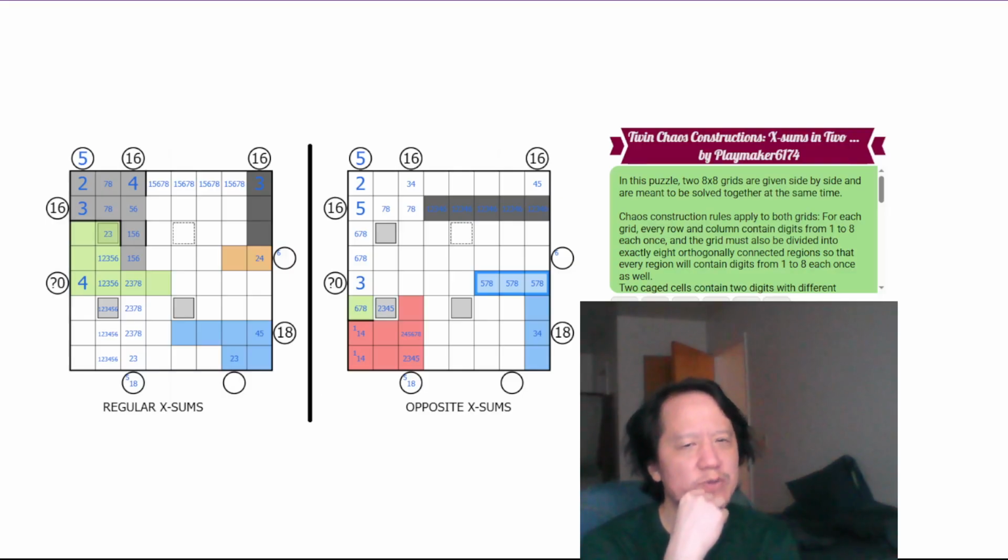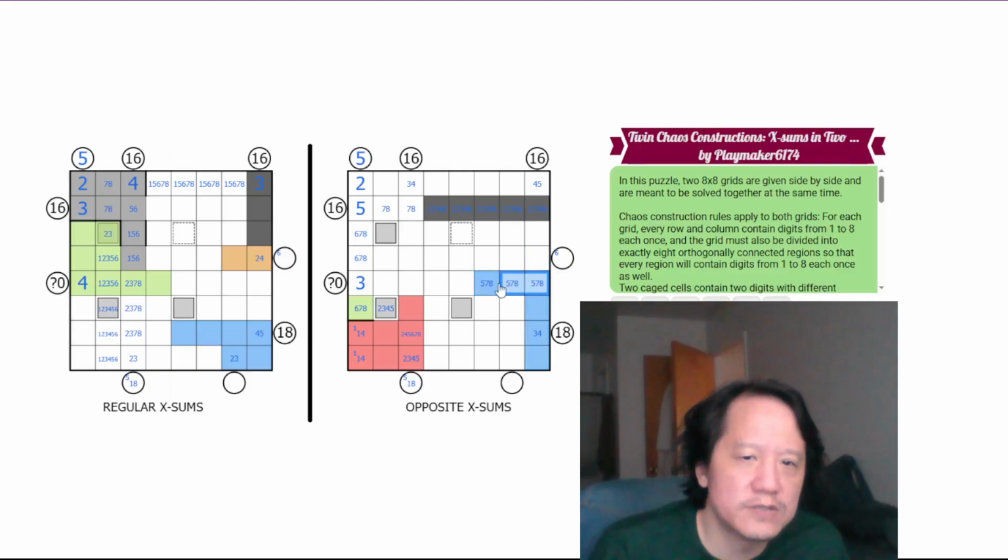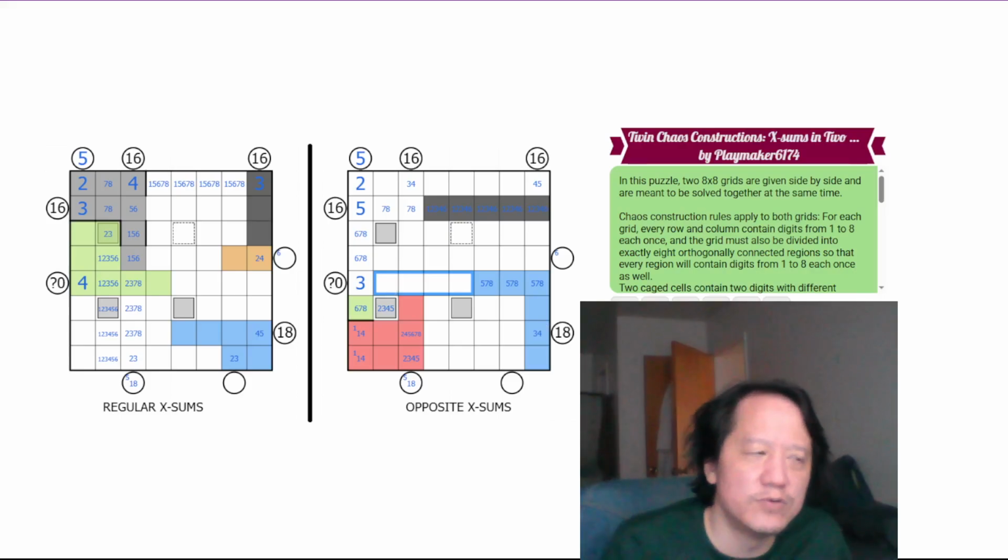Okay, so 5, 7, 8. That means the rest of this row would be 1, 2, 4, and 6. So that's possible.